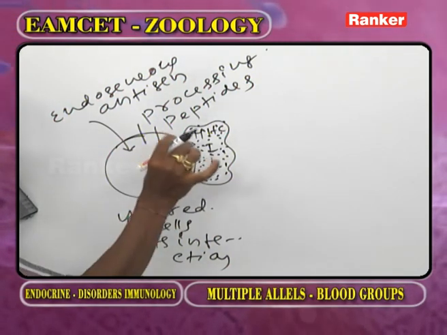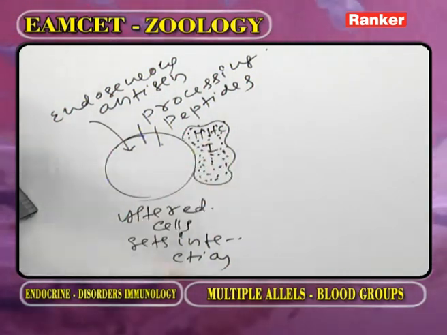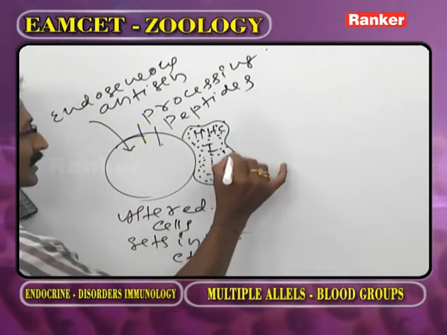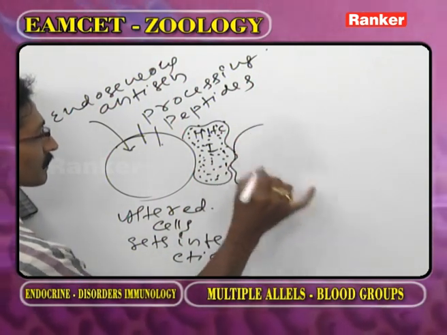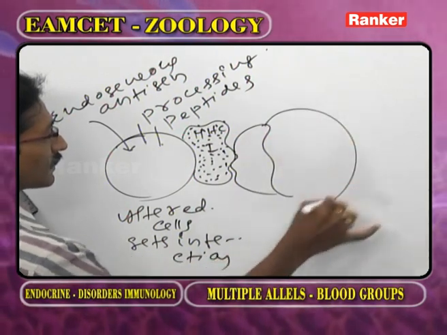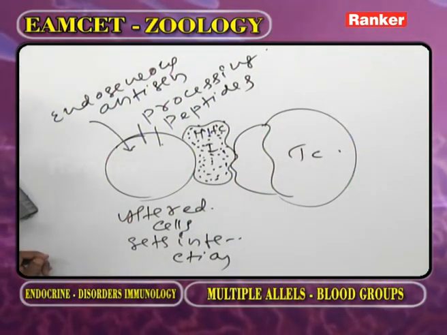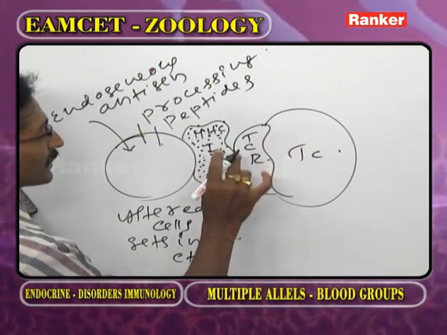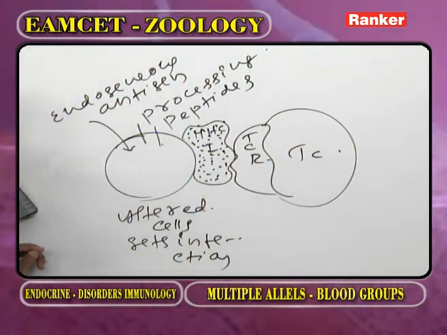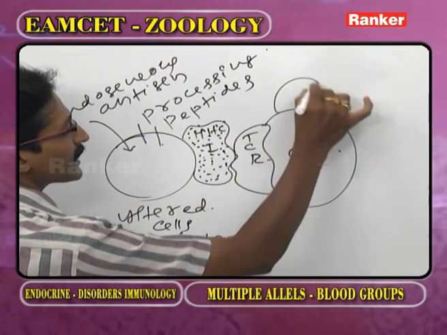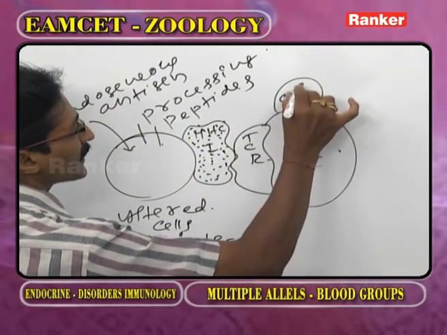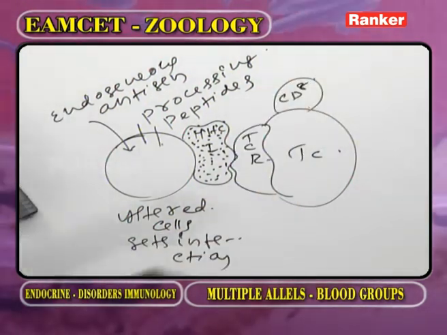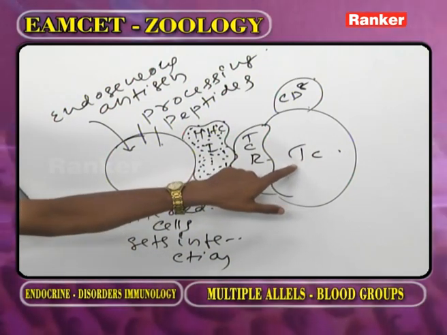Now this endogenous antigen is recognized by the TC cell. On its surface, the TCR, T cell receptor. Now on the TC, what type of marking is present? CD8.